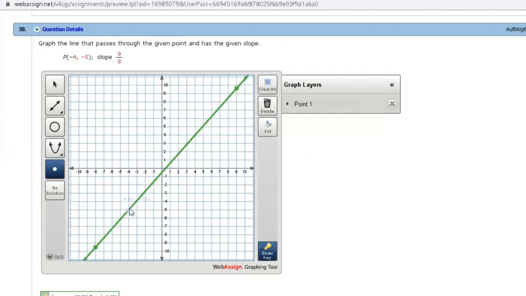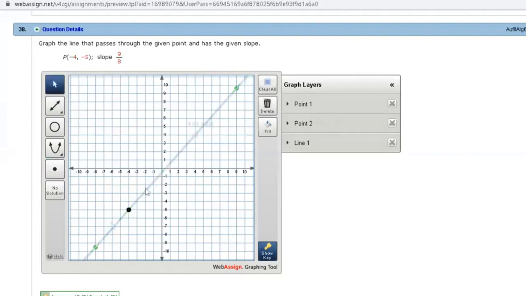So we go up 9, 1, 2, 3, 4, 5, 6, 7, 8, 9, and then we go to the right 8. That's 4, 8. Put a point there. All right. Then we click on our double-ended arrow, click on that point, click on that point, and it's going to create a line for us, okay?